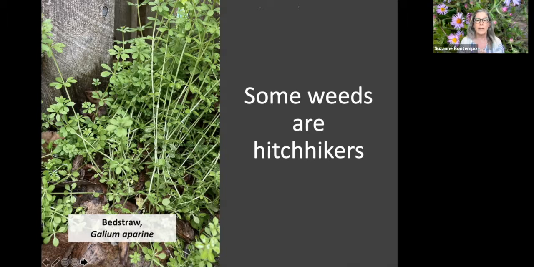But another thing to keep in mind that some of us haven't considered, if we have a lawn service coming to our properties, weeds can hitchhike on the equipment. So it's a good idea, if you do have a lawn service, to let those people use your equipment. Let them use your mowers and your weed whackers to prevent weeds from going from yard to yard.